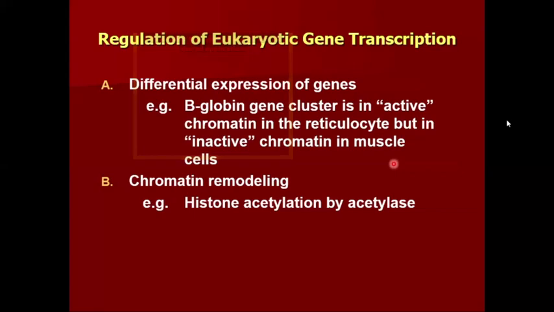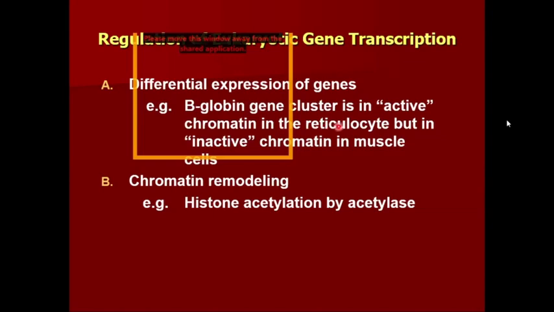How about in eukaryotes? Well, I mentioned some of them already earlier. Differential expression of genes. The beta-globin gene cluster is in the active chromatin in the reticulocyte, but in the inactive chromatin in the muscle cell. Okay?